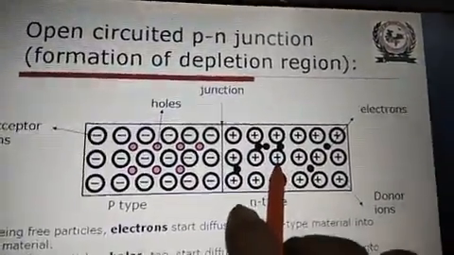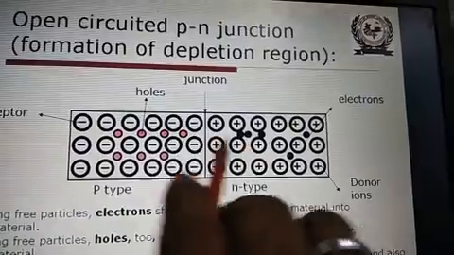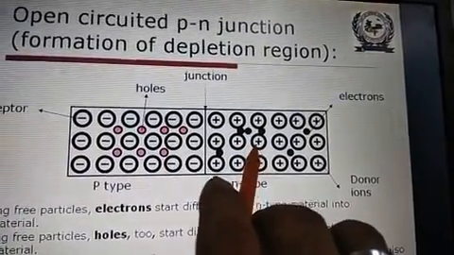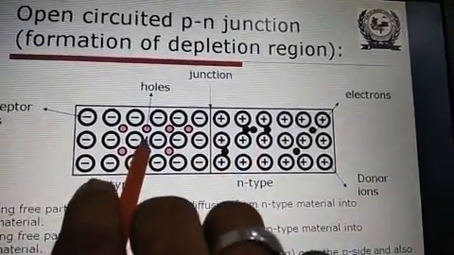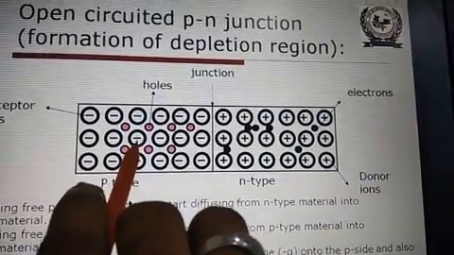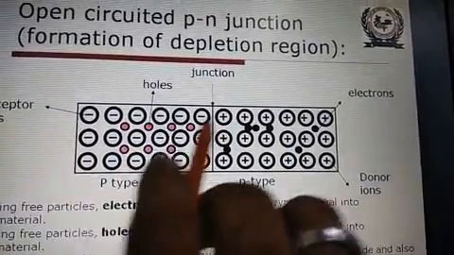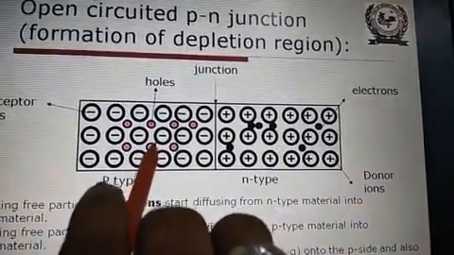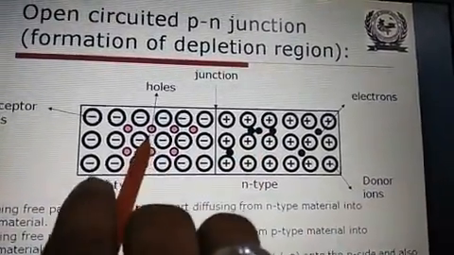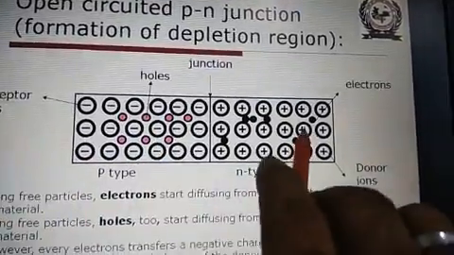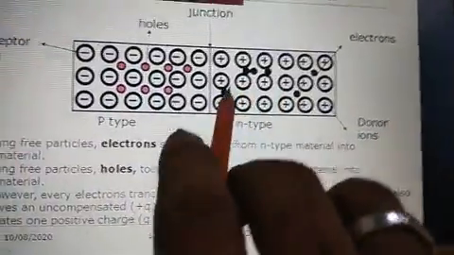So while the electrons leave this side to go to the other side, holes are created here, and while the holes leave the P side for the N side, they leave electrons behind. So they will diffuse toward each other.